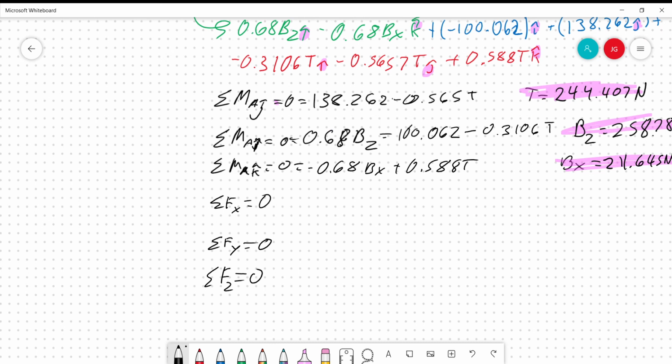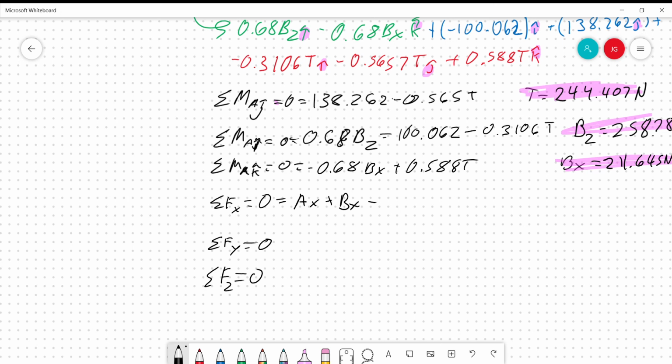Super simple. And in the X, you have tension, BX, and AX. And AX and BX are in the same direction.